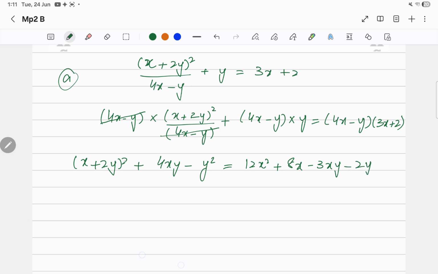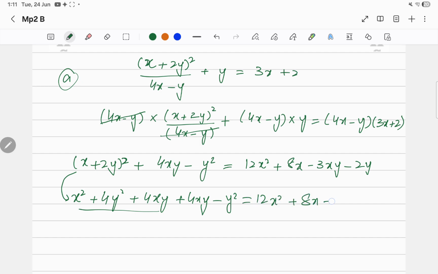If you expand this whole square, we can consider it twice and do the term by term multiplication. Otherwise you can apply the binomial to get x squared plus 4y squared plus 4xy, the expansion of this square, plus 4xy as it is, minus y squared equals 12x squared plus 8x minus 3xy minus 2y.